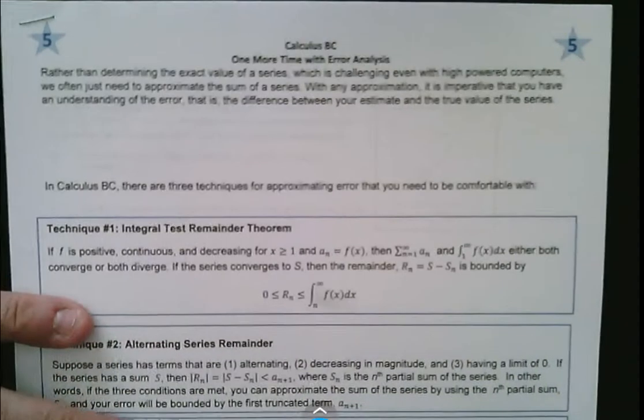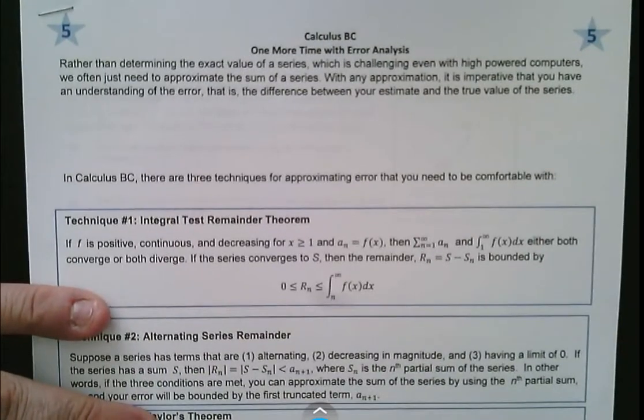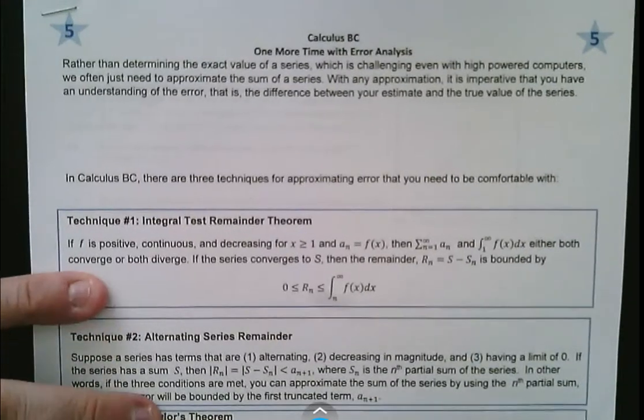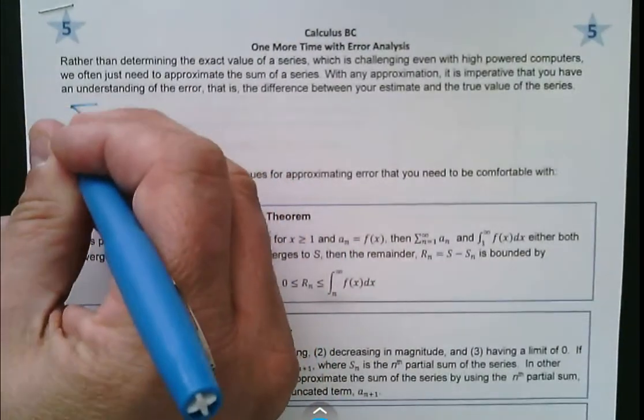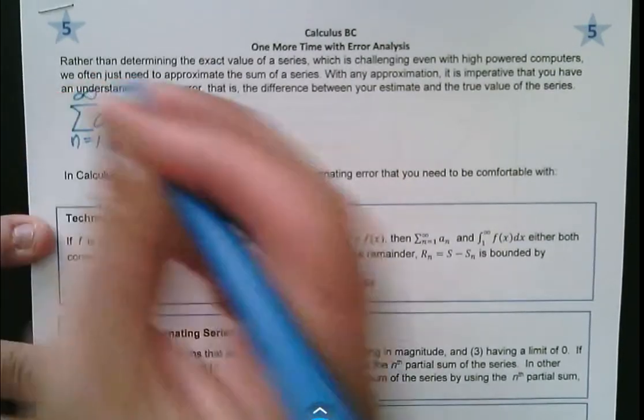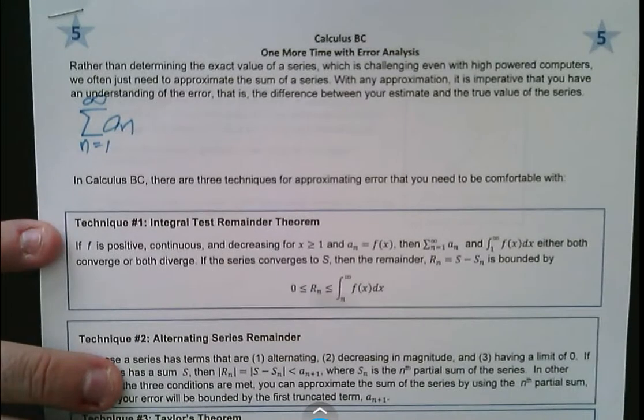So let's make sure that we're on the same page when I'm talking about the error with a series. Let's say I've got some series, I'm going to sum my a sub n's from 1 to infinity.